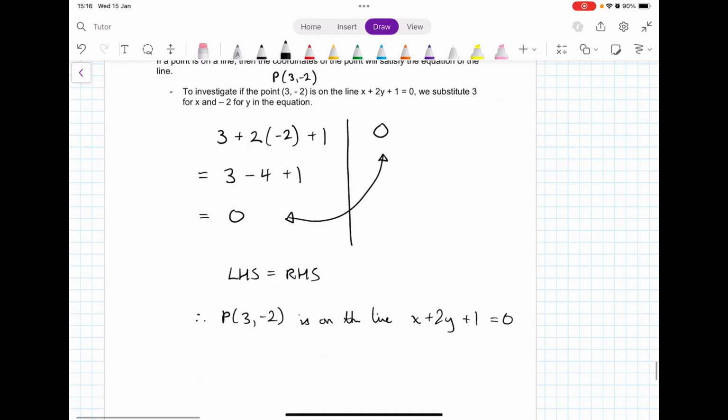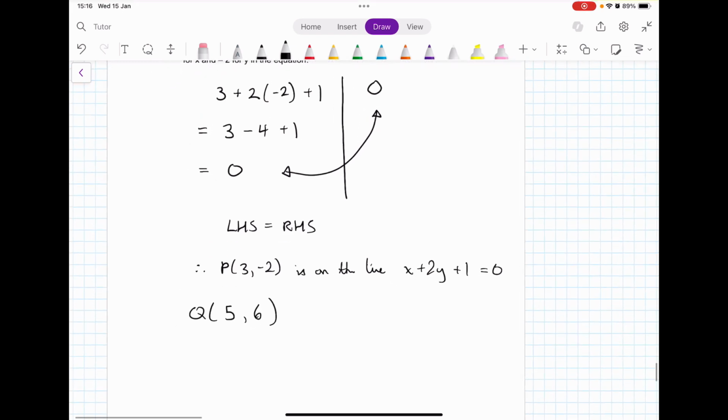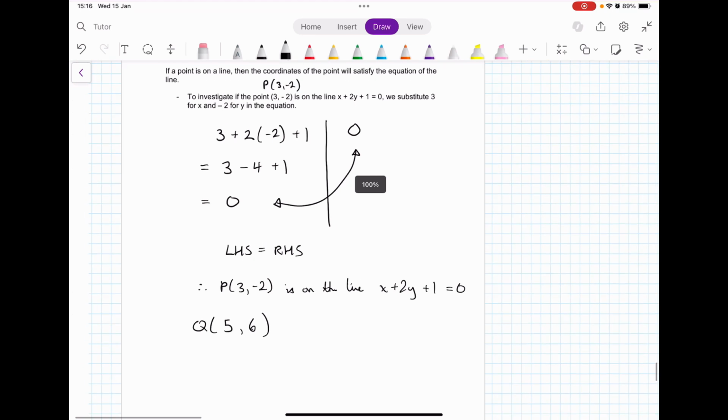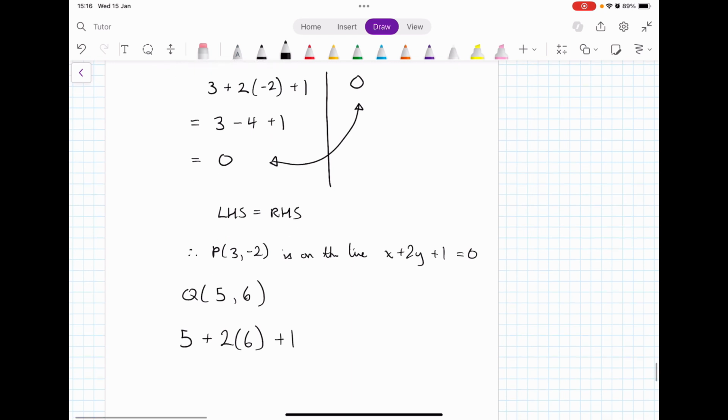What about a point that's not on the line? So I'm going to choose a random point. So let's say the point Q is (5, 6). And so when we substitute these coordinates into the equation, then it shouldn't work, right? Let's try. So if the x coordinate is 5 plus 2y, the y coordinate is 6 in this case, plus 1.